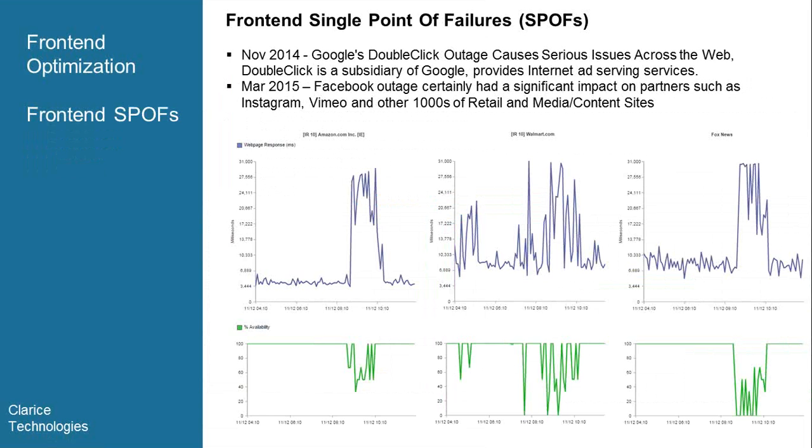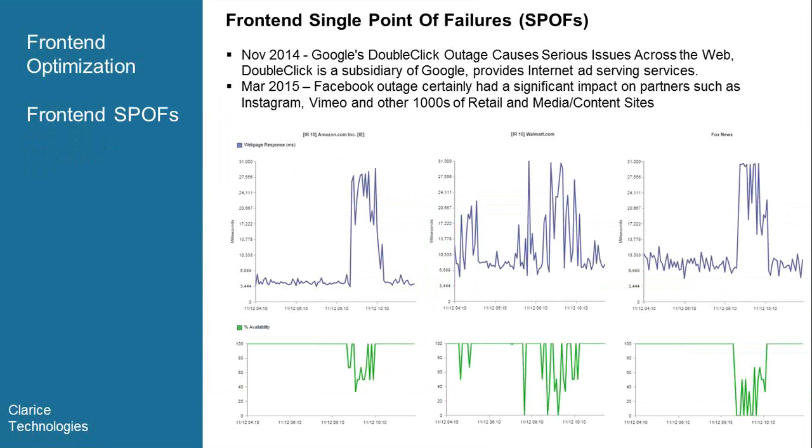DoubleClick provides ads. It is a subsidiary of Google and provides internet ads for different websites. If Facebook is down and if Google DoubleClick is down, it adversely impacts all the major websites like Amazon.com and Walmart.com. You will start seeing performance problems on those websites.